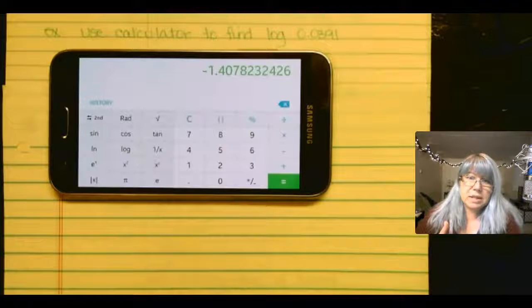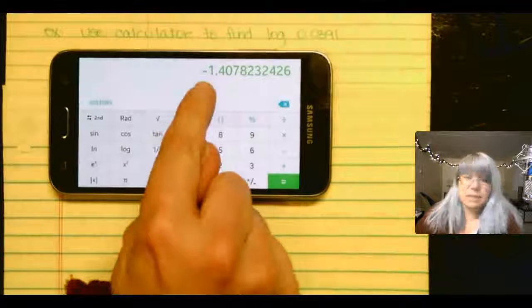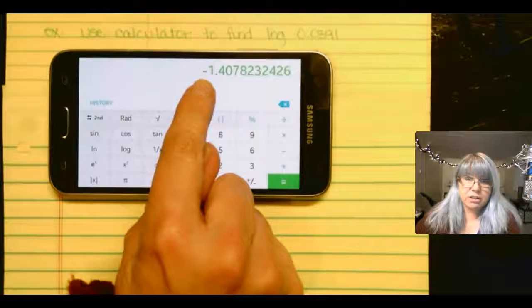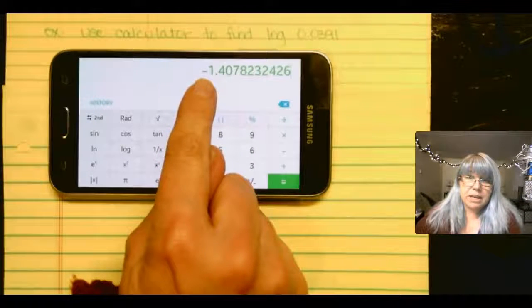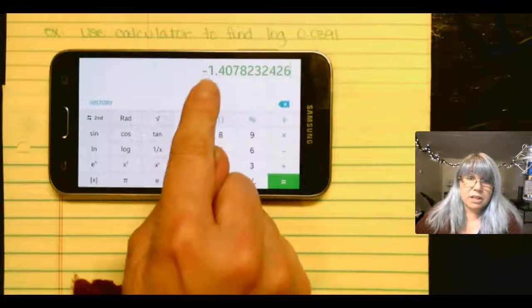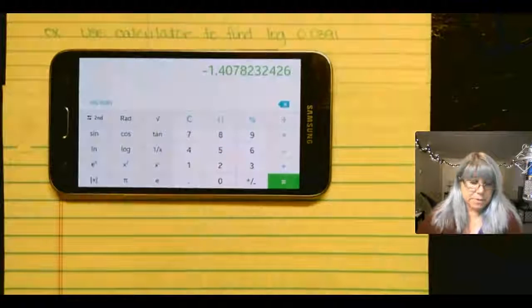The characteristic will tell me if I'm a fraction or not. If I am a negative number, I've got to be a fraction. In other words, if it is a decimal, it's got to be a negative number. If there is a whole number involved, then the characteristic is going to be a positive number.